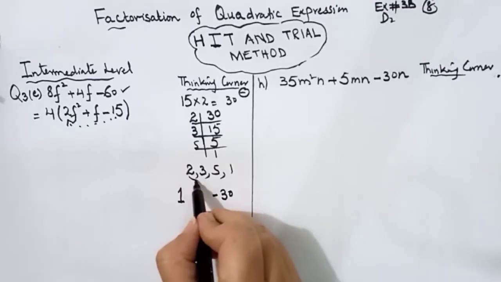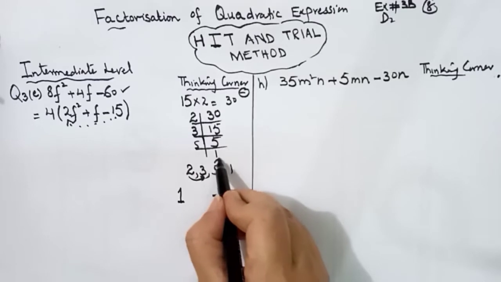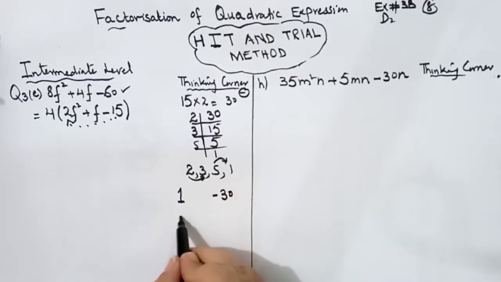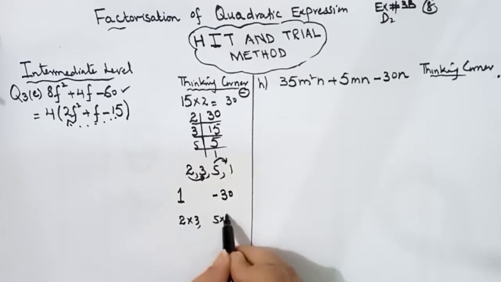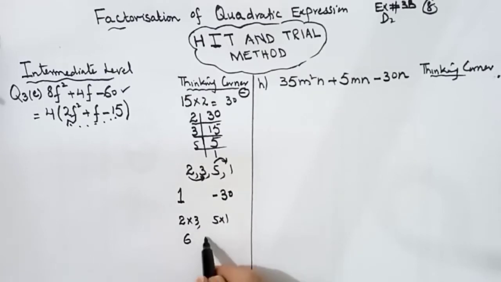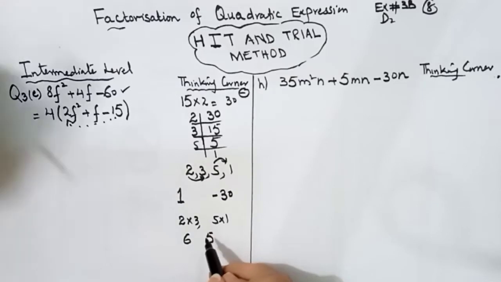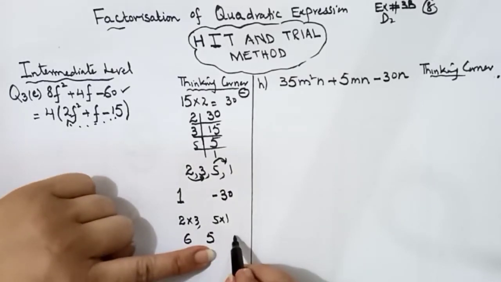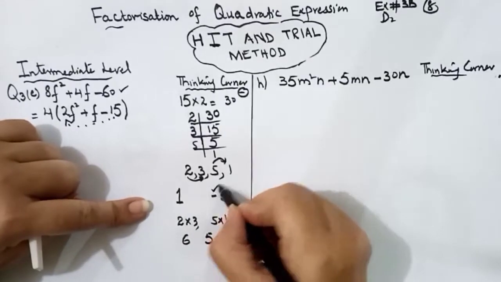If I join these 2 numbers together, 2 multiplied by 3, and 5 multiplied by 1, the numbers become 6 and 5. 6 multiplied by 5 can give me 30, but the problem is I need minus 30.